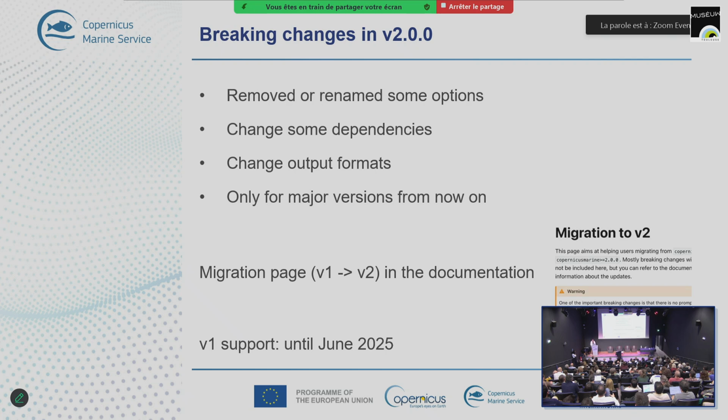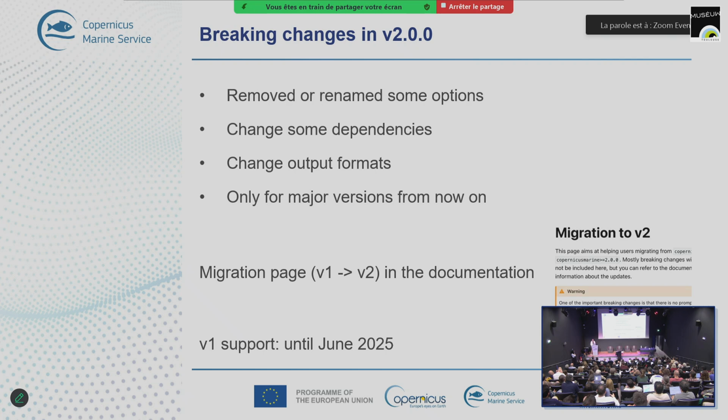But one thing is that this is for major versions only now. While for V1, we were in a rush to have the basic features for the whole MDS users, now the V2 brings stability, so we won't introduce breaking changes in V2.x.y.